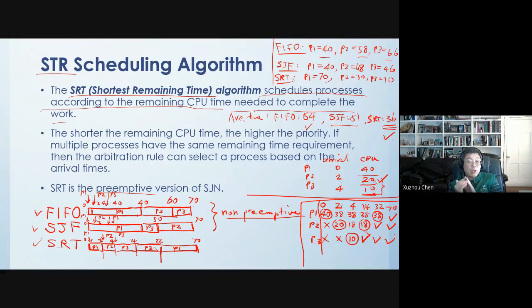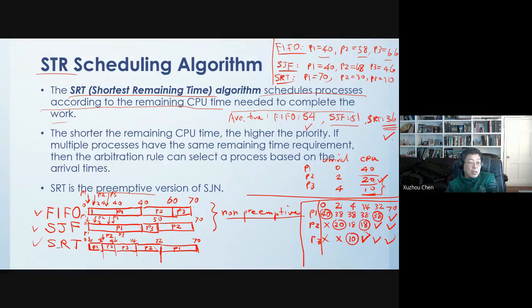So if the context switching time counts, then the improvement is not really that big, but it's still a big improvement. It's probably not 36, but if we think about more context switches being involved, then the improvement is probably going to be less than what we see in the paperwork.